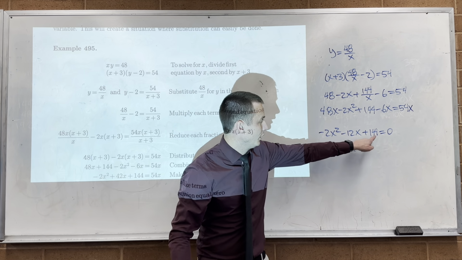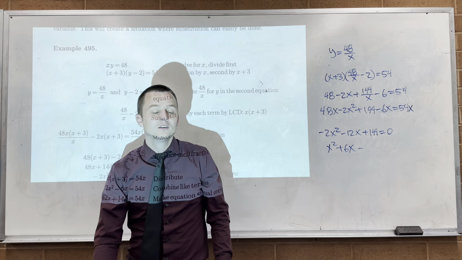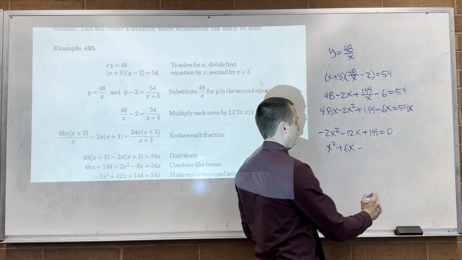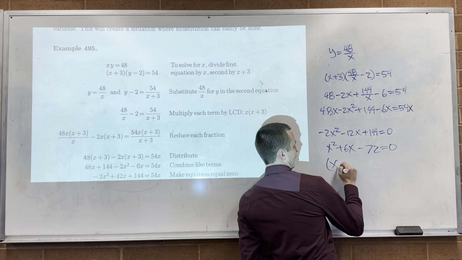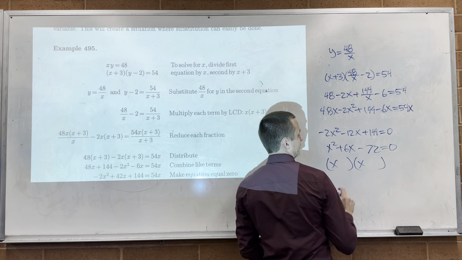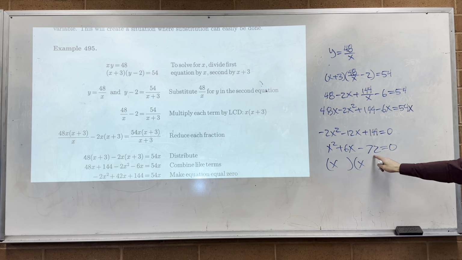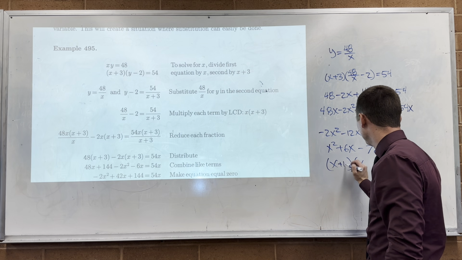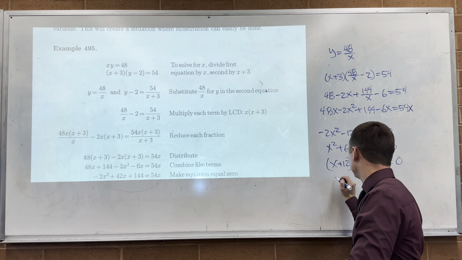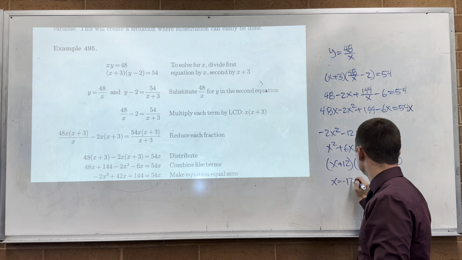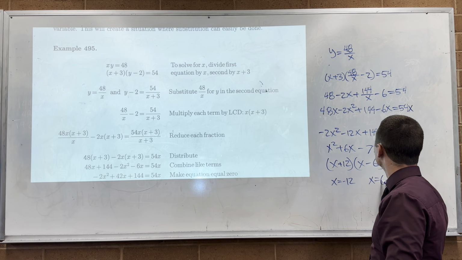This is 12 times 12, so it's 12 times 6. 72. Okay, and now we can factor it. Two numbers, multiply together give us that, add together give us that. One has to be positive, one has to be negative. 12 and 6. Plus 12, minus 6. So my values for x are x equals minus 12, and x equals 6.